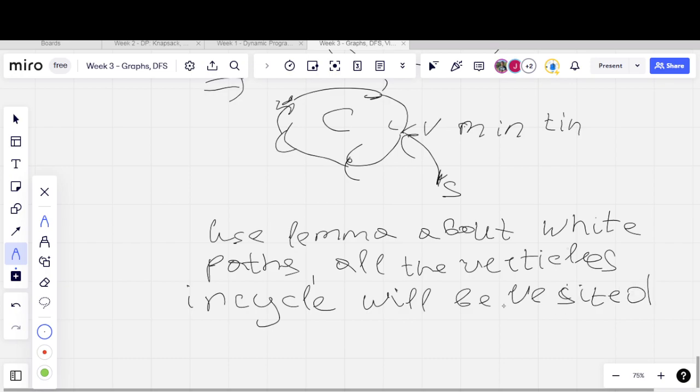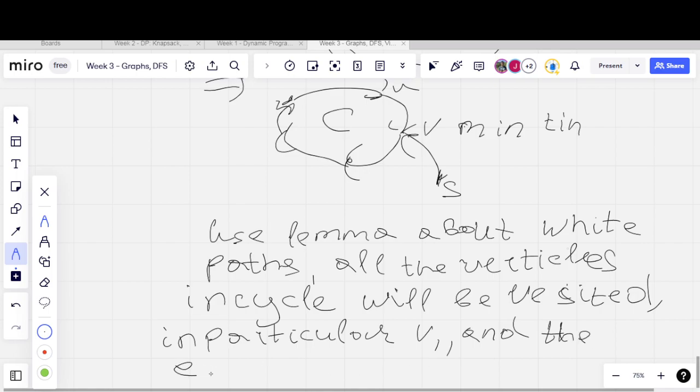We use this lemma. In particular, this vertex v, and the edge will be to u. Do you have questions?